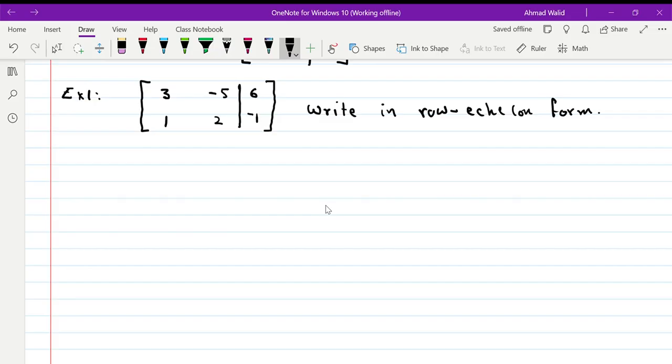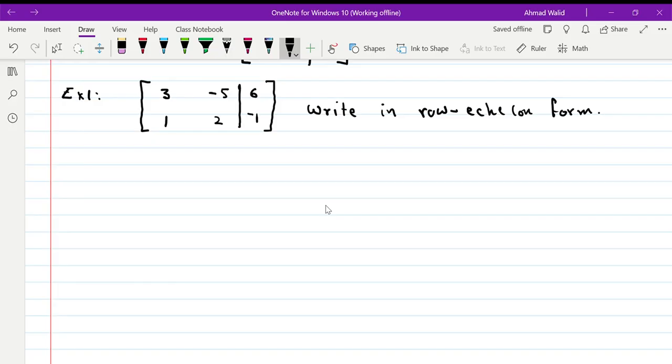Usually there are not such problems in your book to ask you this. Immediately your book jumps to solve the system, but I'm going slow, right? Focus here, how I'm using the operations of matrix to change this matrix to goal matrix or row echelon matrix.